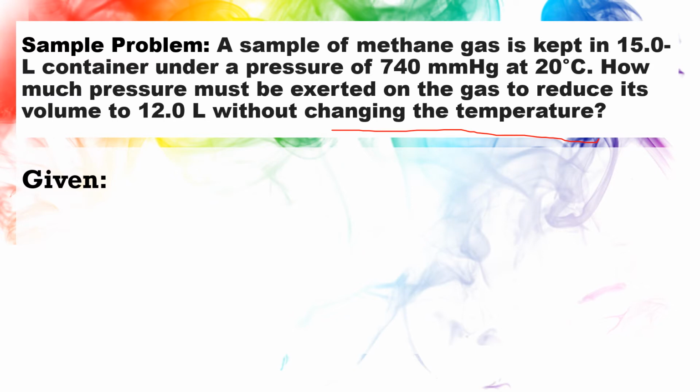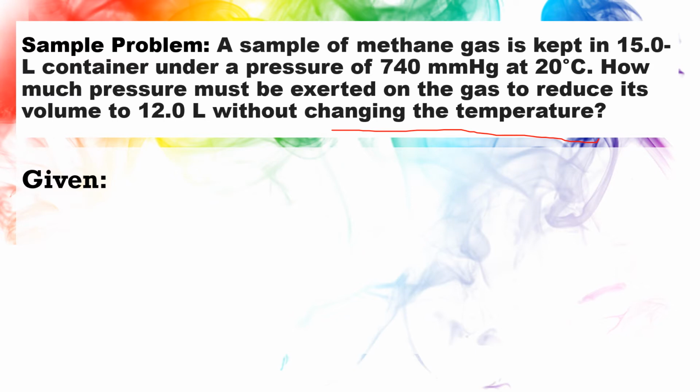So how are you going to determine if a given value is the initial condition or the final condition? Of course, you need to analyze the problem carefully. Some problems will not state directly that 15 liters is the initial volume for this sample, or they will not say that 20 degrees Celsius is the initial temperature of this gas.